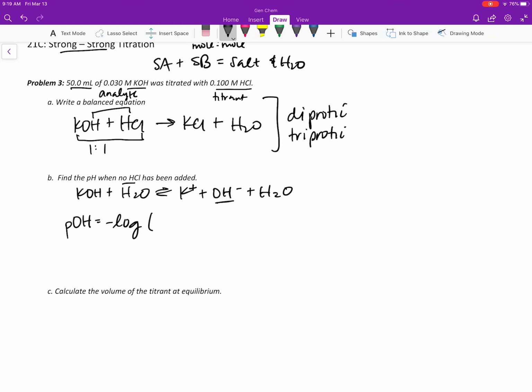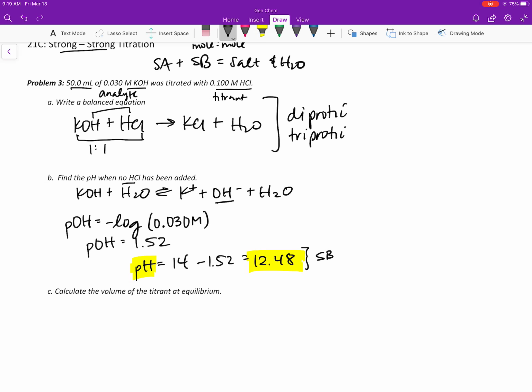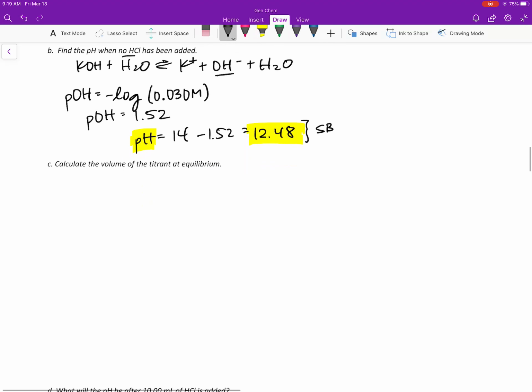So I'm going to take the initial concentration at the molarity that I'm given in the problem, and that gives me a pOH of 1.52. But in order to put that in terms of pH, I subtract it from 14, which tells me that the starting pH, just KOH, is 12.48, which makes sense because we're starting with a strong base. So I would expect it to be basic.